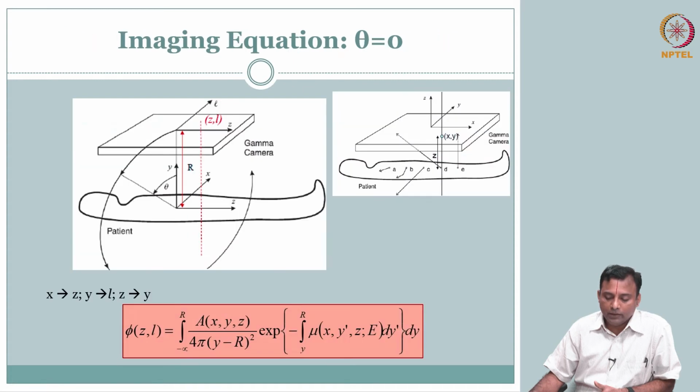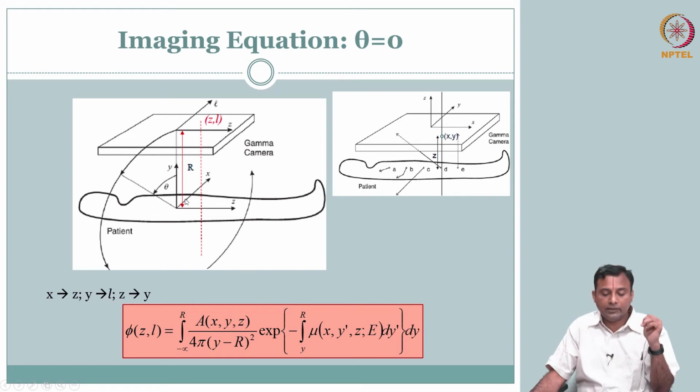Just to go back a little bit: you have your theta equal to 0, and what you are getting in the detector is integration through your y direction. But if I take theta at some other angle, it need not be. If you take it 90 degrees, then you are integrating along the x axis, clear.